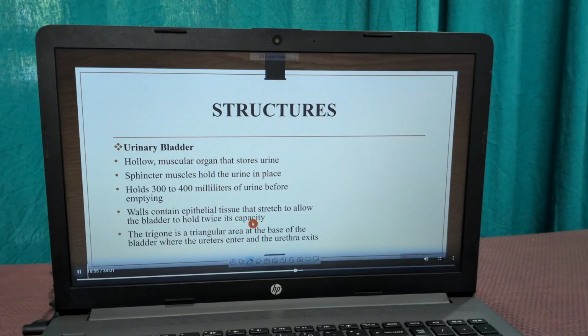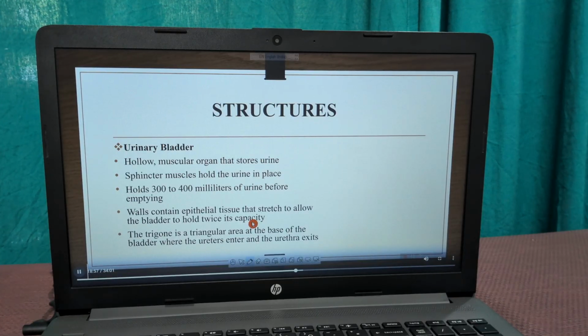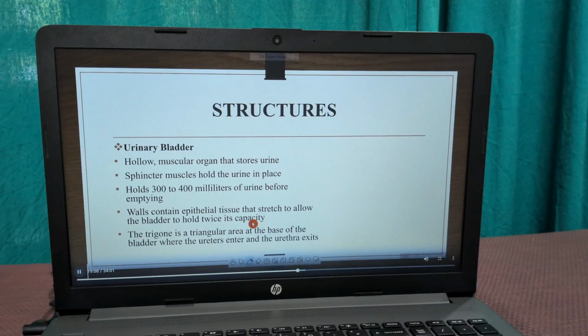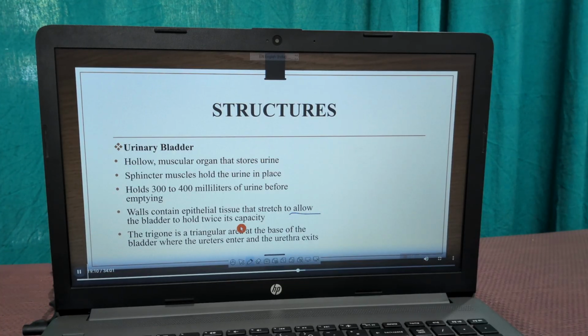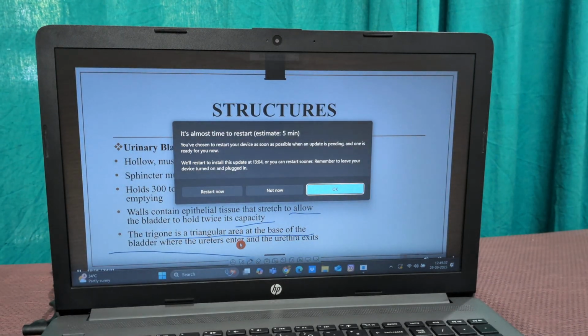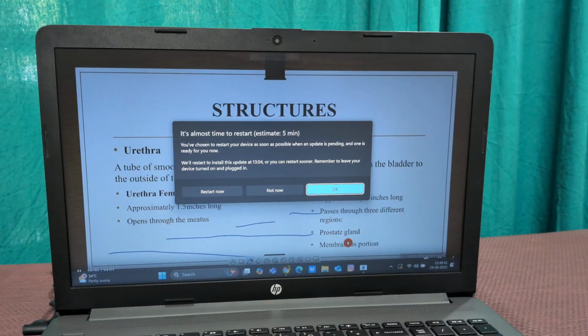The urinary bladder is capable of holding 300 to 400 milliliters of urine before emptying. The walls of the urinary bladder consist of epithelial tissue which stretches to allow the bladder to hold twice its capacity.